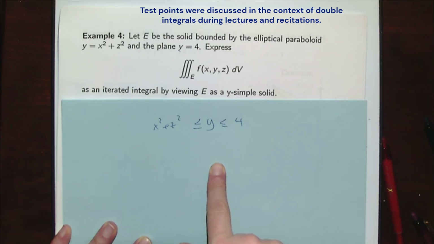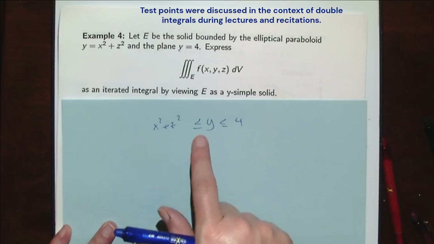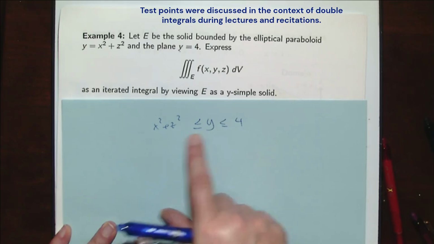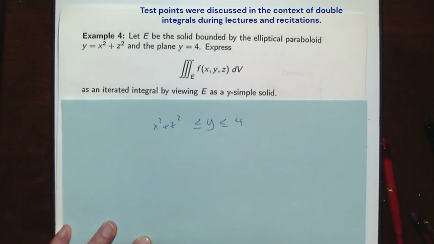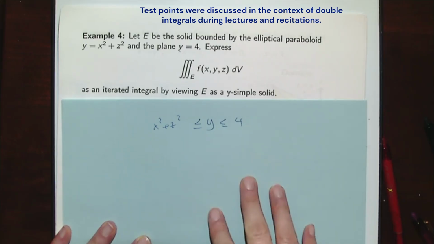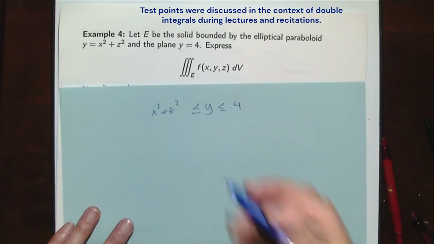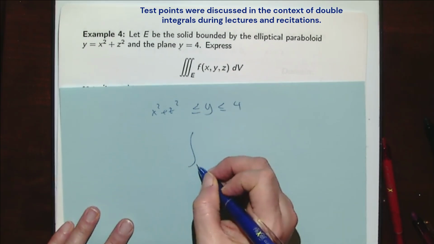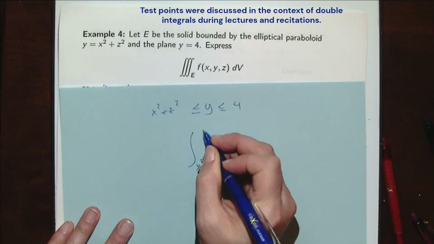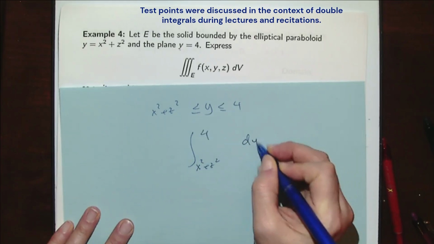Fair game? So understand this inequality through the pictures. Otherwise you have to plug in values to figure out which is lower. This one is not difficult, but sometimes it is. So that's the setting. That tells me the Y simple inner integral is going from x squared plus z squared to 4, dy.